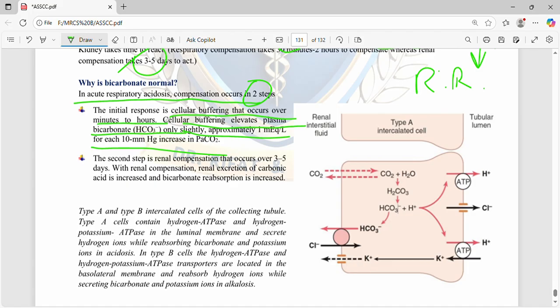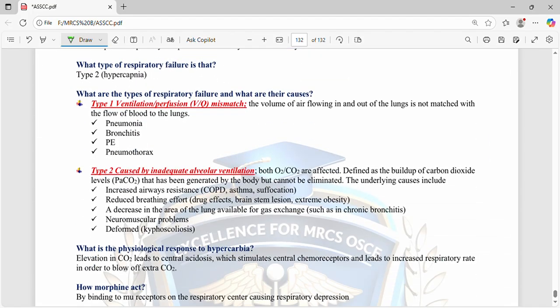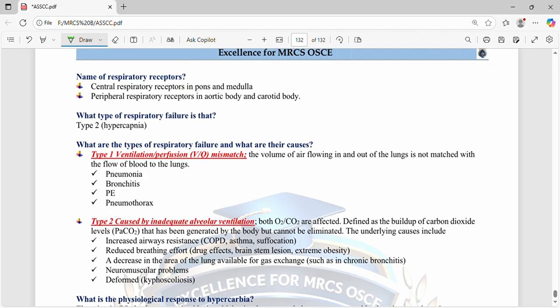With renal compensation, renal excretion of carbonic acid is increased and bicarbonate reabsorption is increased into the plasma. So it will take time. That's why the bicarbonate is still normal.